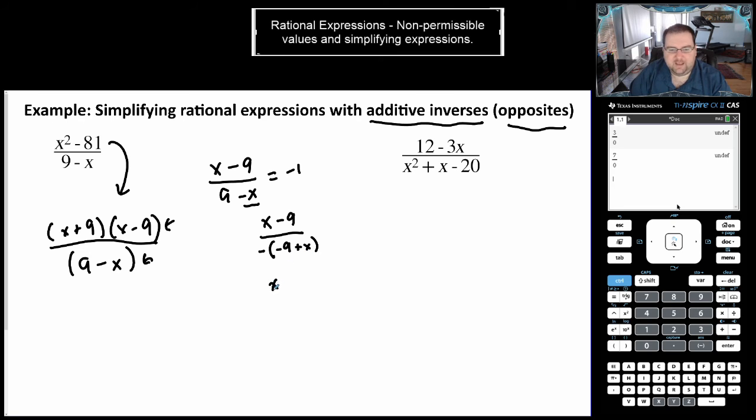Which if I rewrite that, I would have x minus 9 over negative x minus 9. And we just saw that when you have similar things on the top and the bottom, you can cancel them out. So this ends up being equal to -1, right? By factoring out the negative sign, you end up with it equaling -1.